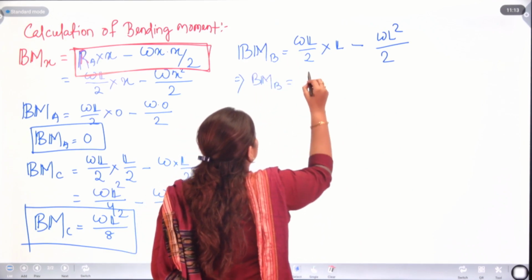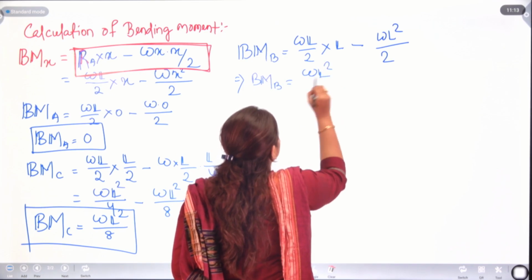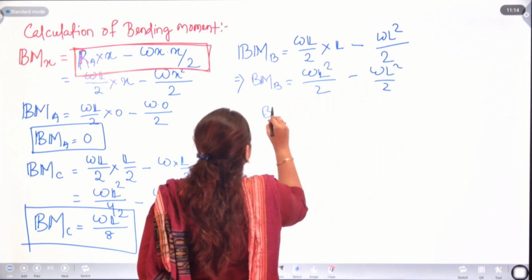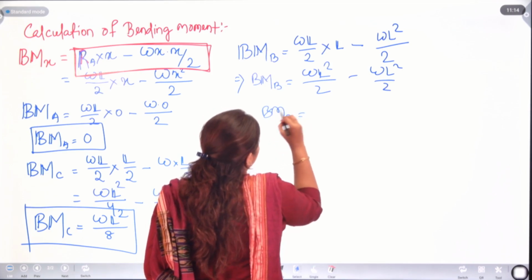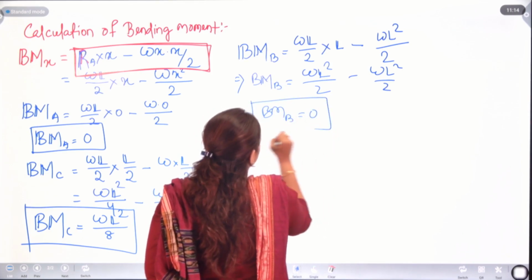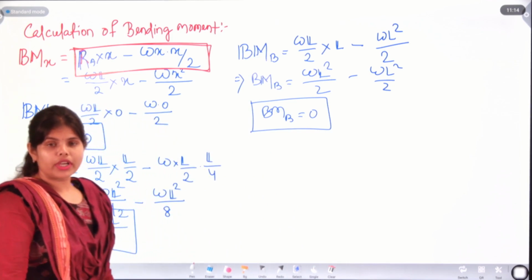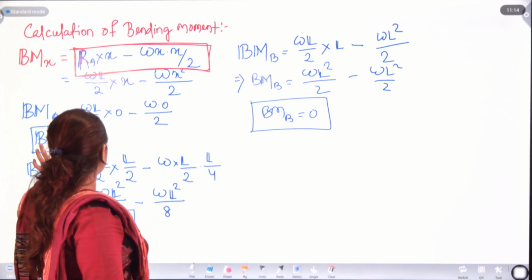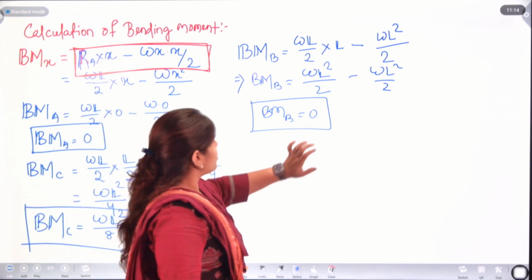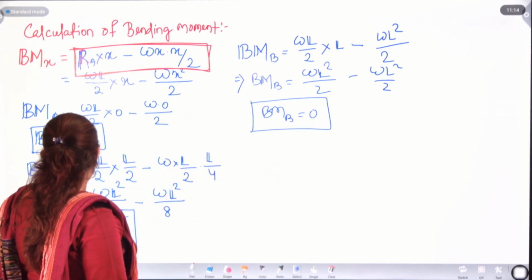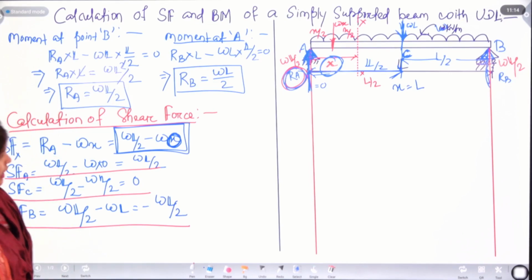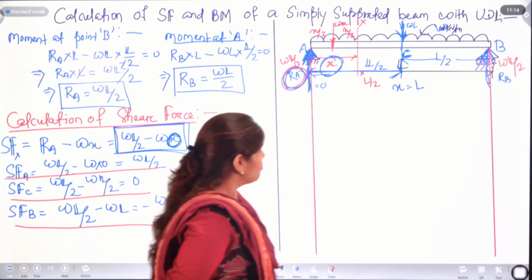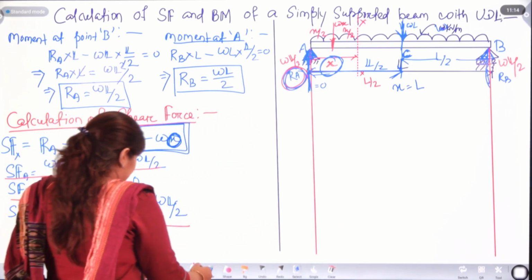So bending moment at B will be also WL square by 2 minus WL square by 2. Bending moment at point B will be 0. Okay. So we have bending moment at point A as 0 and bending moment at point B also 0. If we are drawing the SFD and BMD, let's draw it.